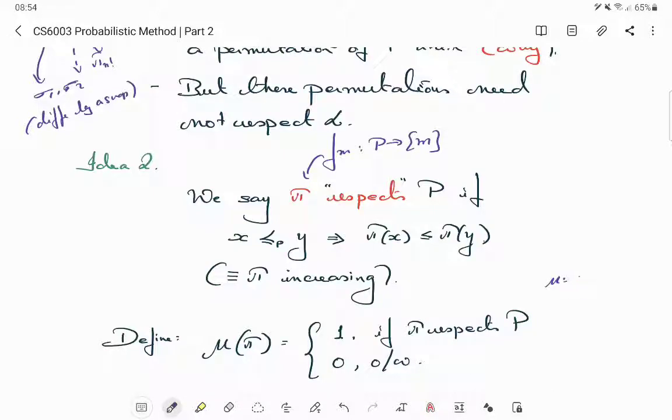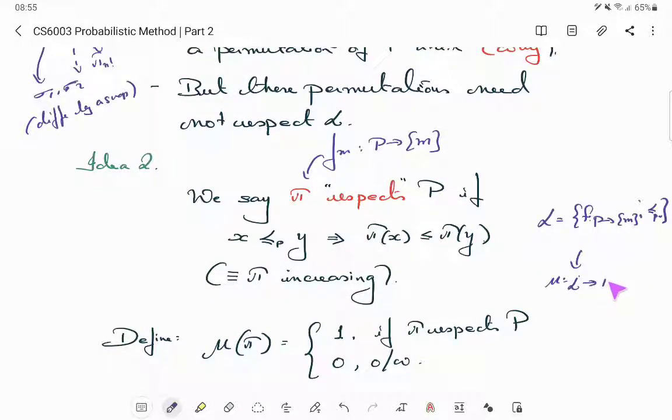So remember, mu is a function from, okay, by the way, what is our lattice here? Our lattice L here is all those functions from P to M with the usual pointwise less than or equal to. So meet is min, join is max.